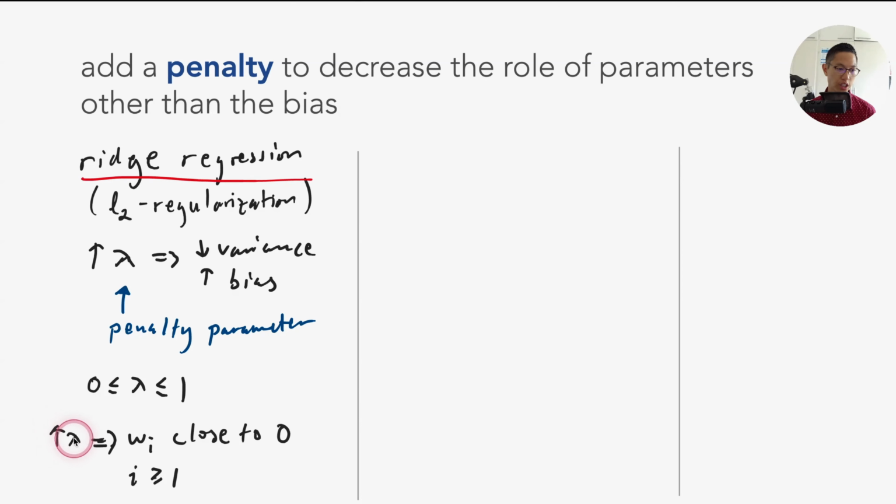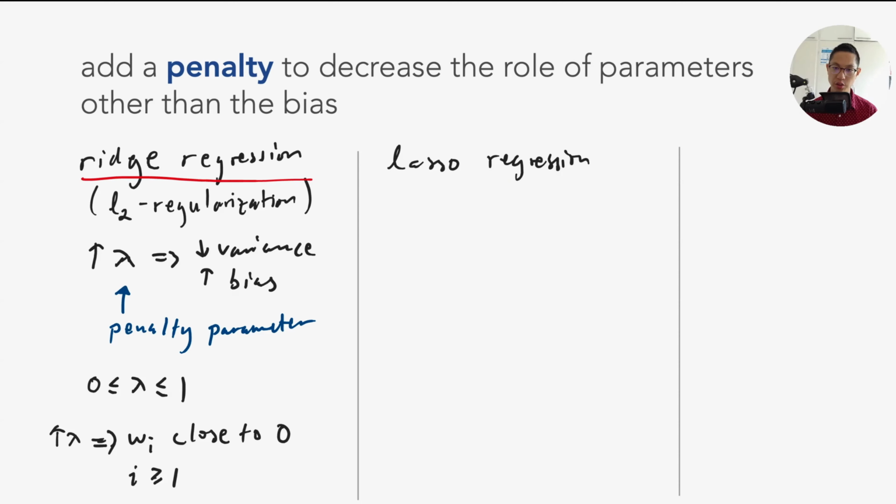Here, a larger lambda means that wi will be close to 0 when i is larger than or equal to 1. Note that this means that the model becomes simpler, because a lot of the wi's will be close to 0. Ridge regression makes some of them close to 0, but not exactly 0. This is quite important. And there's an equation to show how this works, but we won't go far.